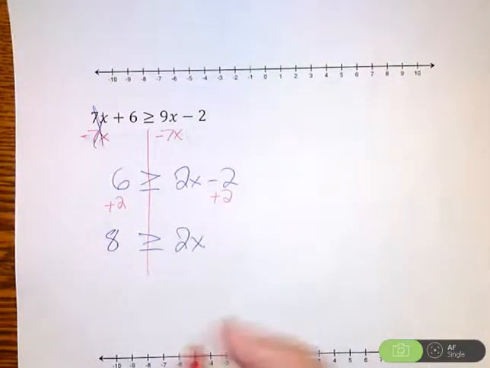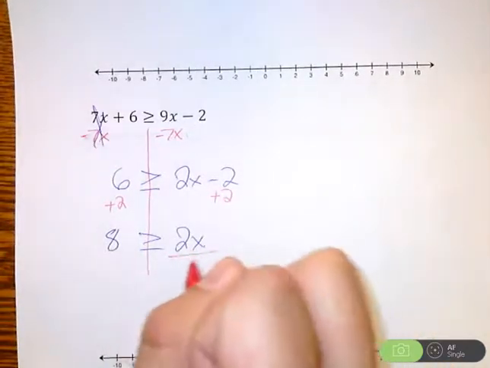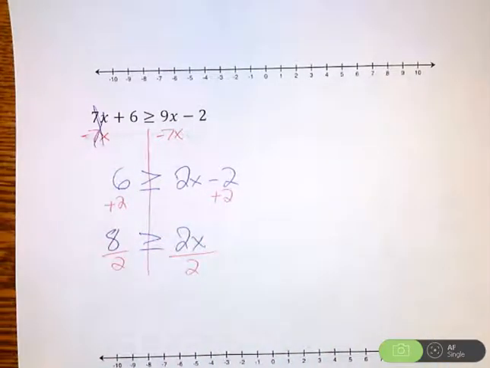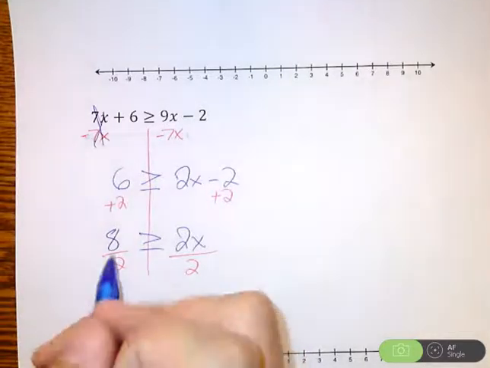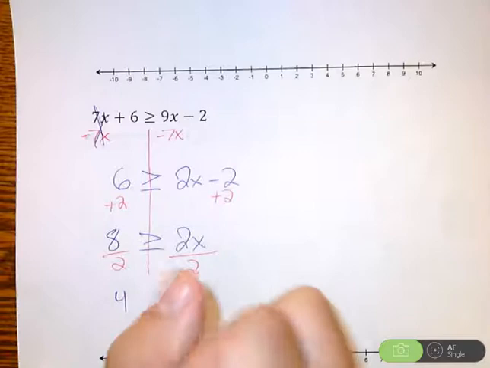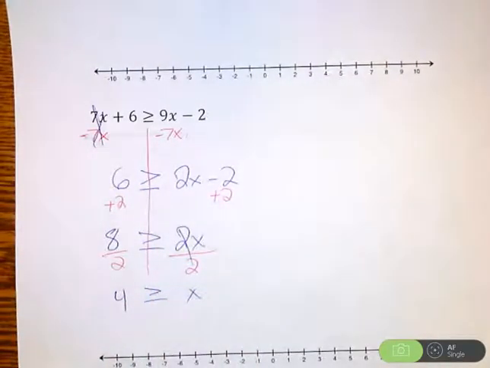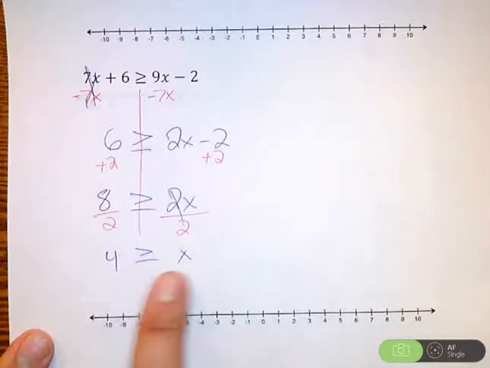Keep going from there. We've got to get x by itself, so we've got to get rid of the 2. So divide both sides by 2. 8 divided by 2 is 4. We're dividing by a positive number, so nothing changes, and we have 4 is greater than or equal to x.